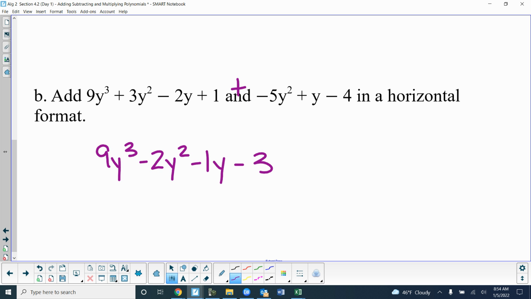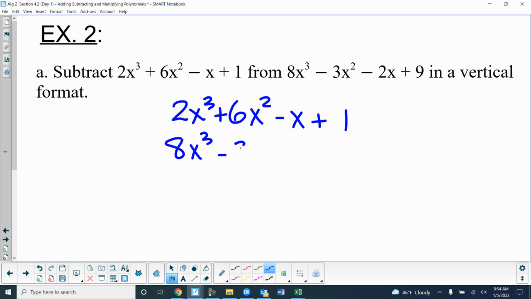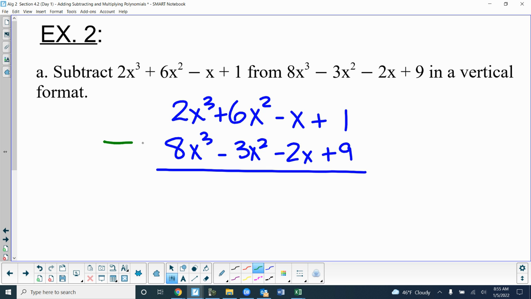All right, what happens when we do subtraction? Same thing, right? But remember, again, vertically, you can just line stuff up if you want. I'll put it a little bit bigger so you guys can see it. So just remember, we're subtracting, right?